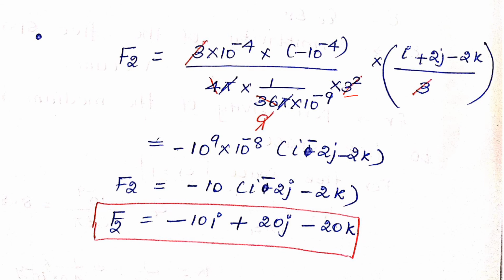Finally I get the answer, minus 10 of I minus 2J plus 2K. So what is F2? Force on Q2 is minus 10I plus 20J minus 20K. So this is the force F2.